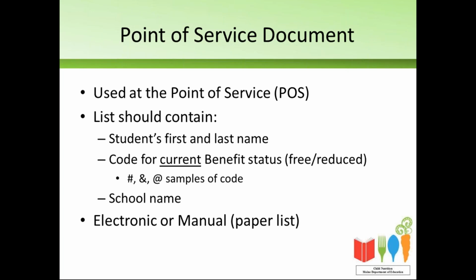Do not include F, R, and P. It also needs to list the school name that it's being used at and the date period that it covers. This is either electronic or a manual paper list. If it's electronic, make sure whatever code is used, a student looking at that cannot determine a student's eligibility.